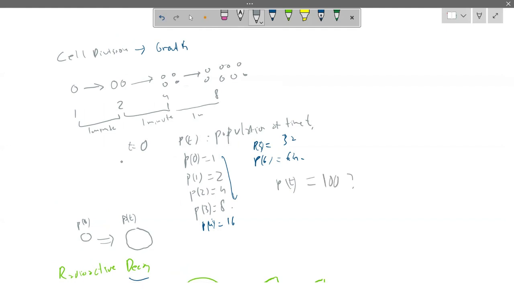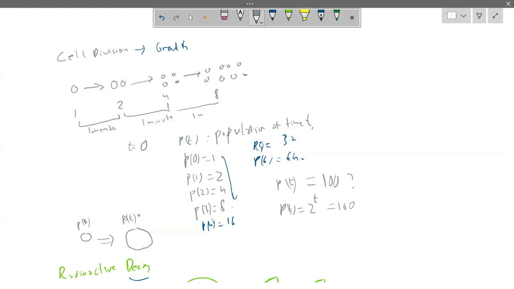So we have to find a time t such that P(t) is equal to 100. With the knowledge of exponentials that we learned earlier, we know that the expression for P(t) is 2 to the power of t. So if we plug in these numbers, they make sense. But now we want to find t such that 2 to the power of t is equal to 100.